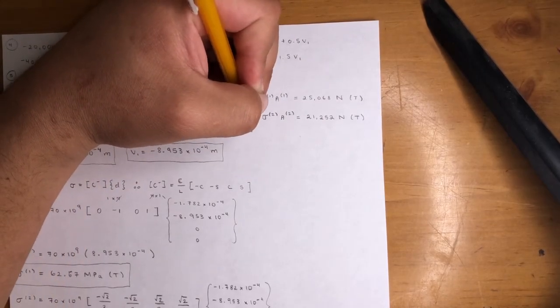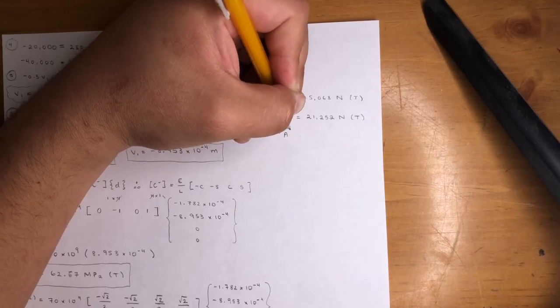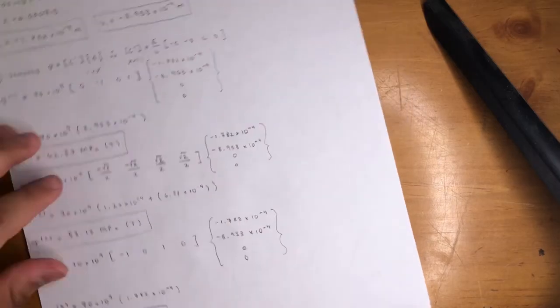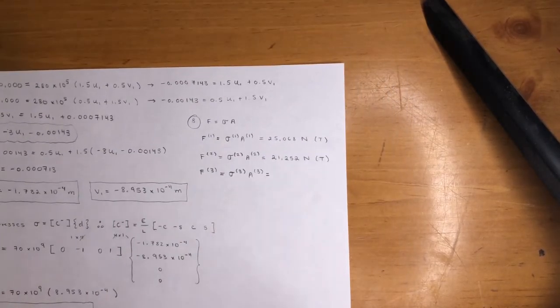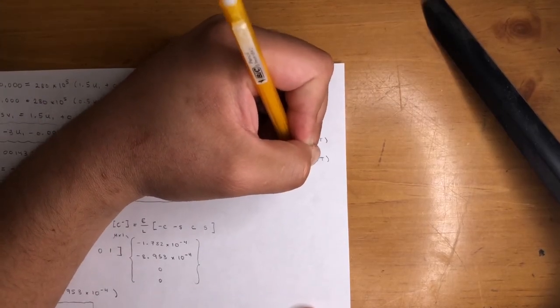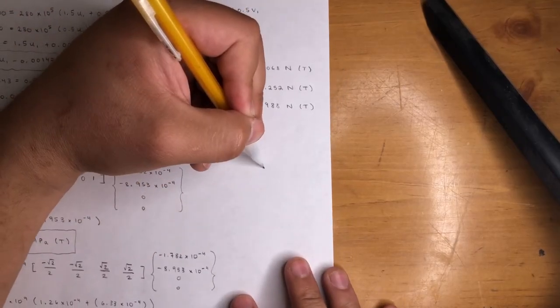Finally, force 3 is sigma 3 times area of 3. The area just so happens to be the same, so it's 12.47 times 10 to the 6 times 4 times 10 to the negative 4. You will get 4988 newtons, and that's also in tension. So that's how you would do this.